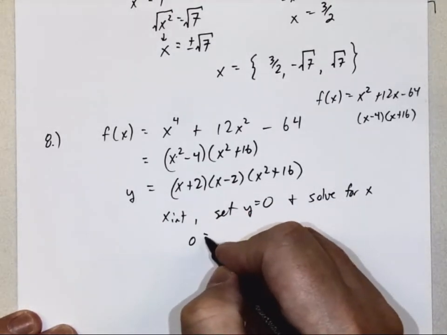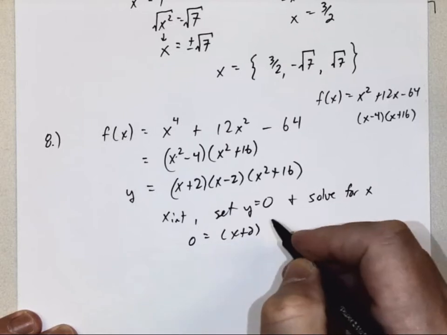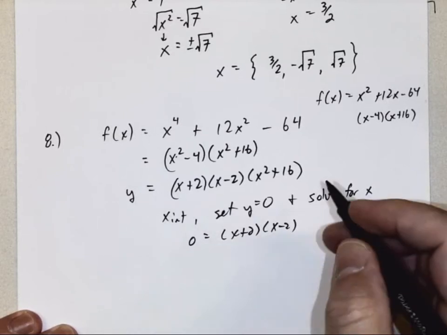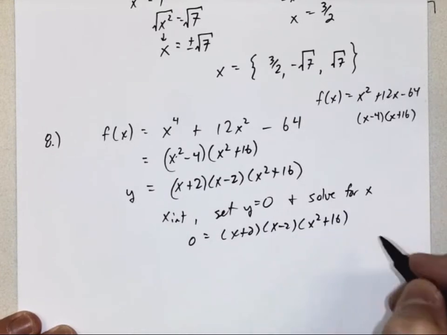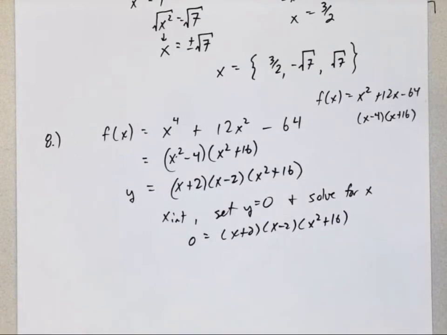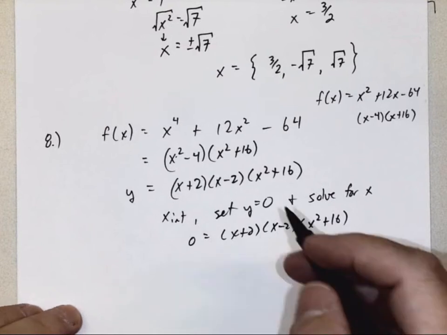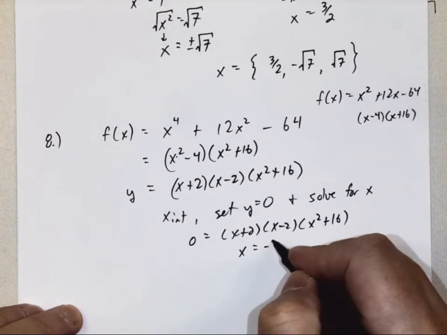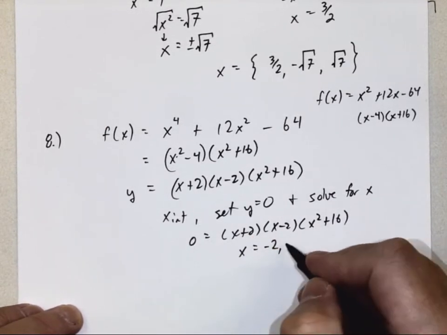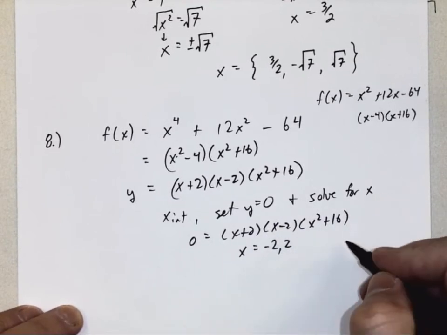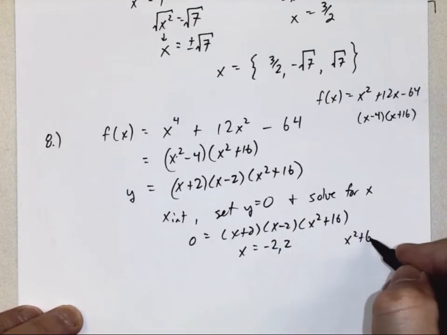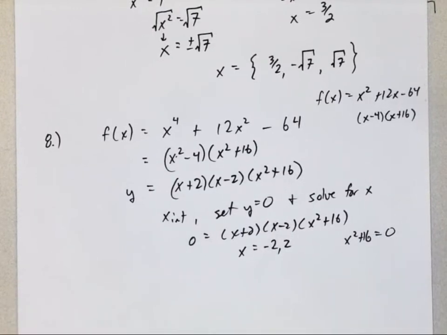So if I have 0 equals x plus 2, x minus 2, x squared plus 16, my solutions would be -2 from the first parenthesis, 2 from the second parenthesis. How about the third parenthesis? I have to have x squared plus 16 equals 0.